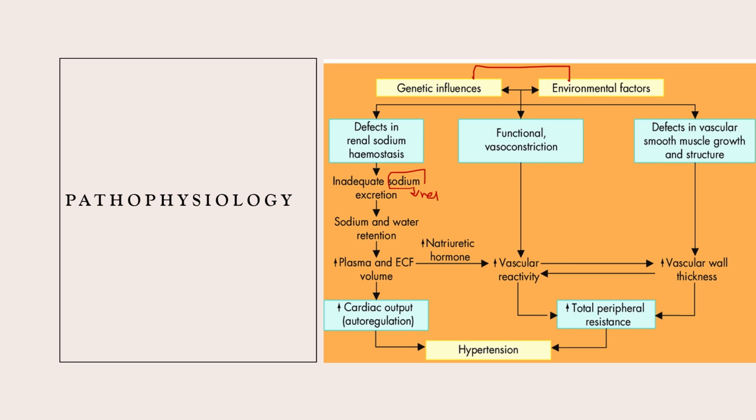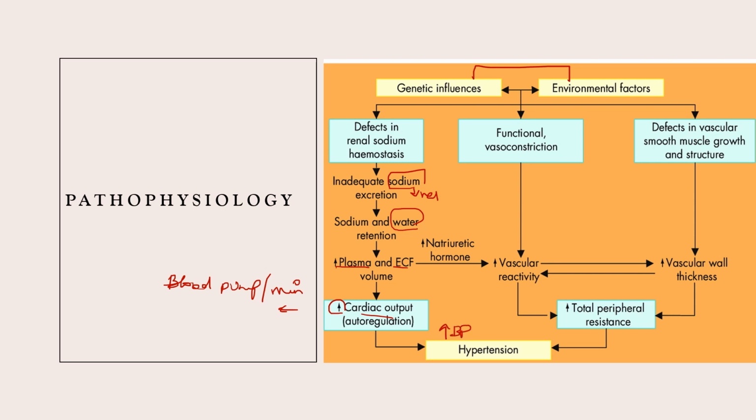Now, when this happens, the body resorbs more water from the kidneys, which results in increased plasma and extracellular fluid volume. This eventually leads to raised cardiac output, which is the amount of blood pumped by the heart per minute. When this is raised, it eventually leads to raised blood pressure or hypertension.